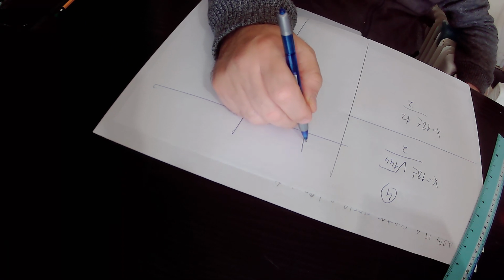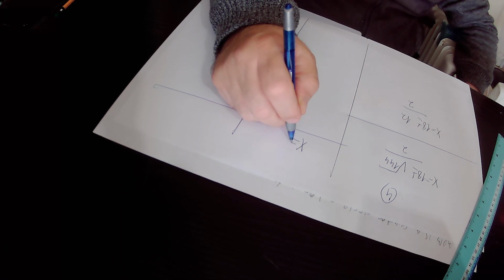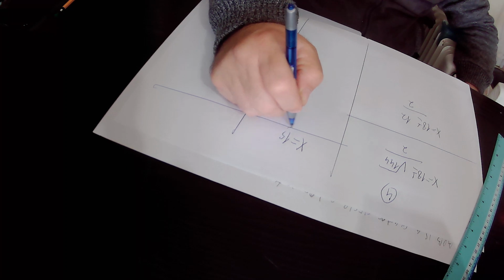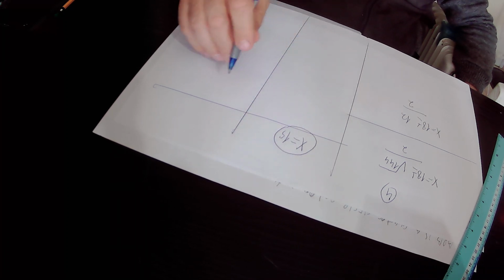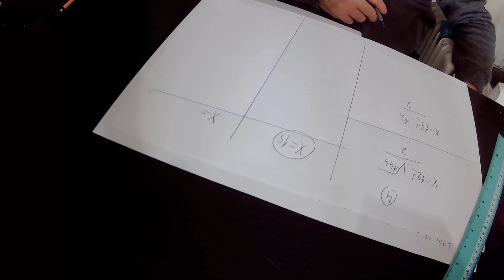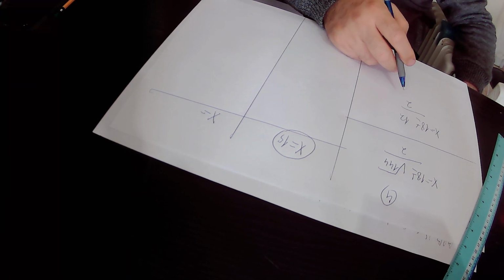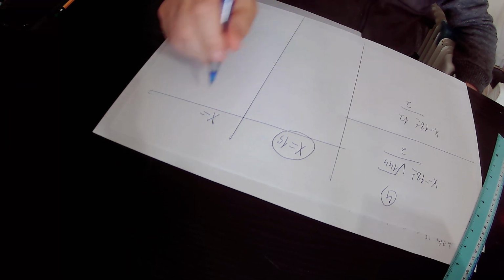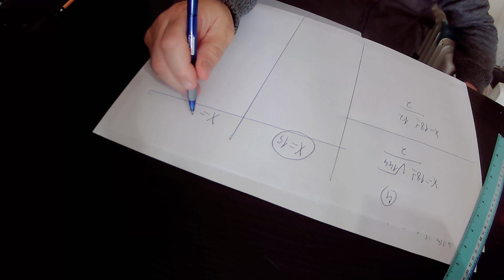So the first solution is x equals 15, and the second solution is x equals 18 minus 12, that is 6, and 6 over 2 is 3. So the second solution is x equals 3 units.